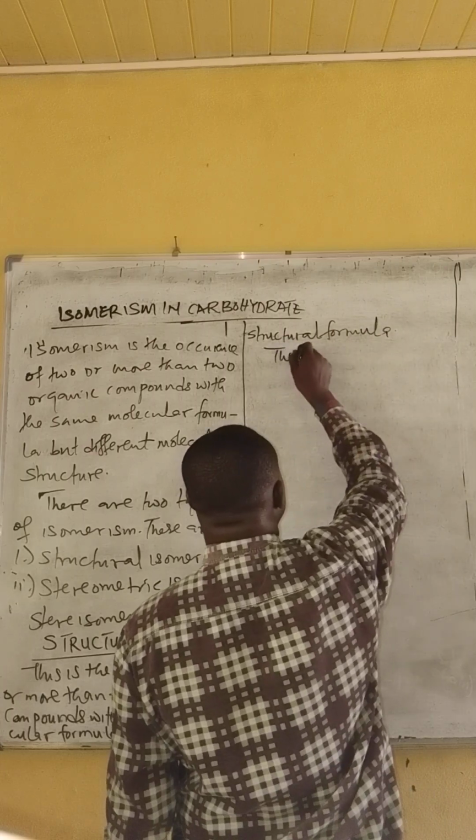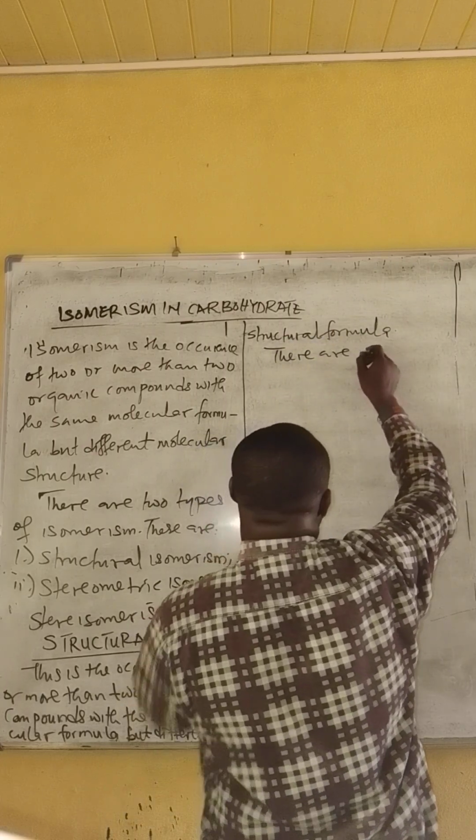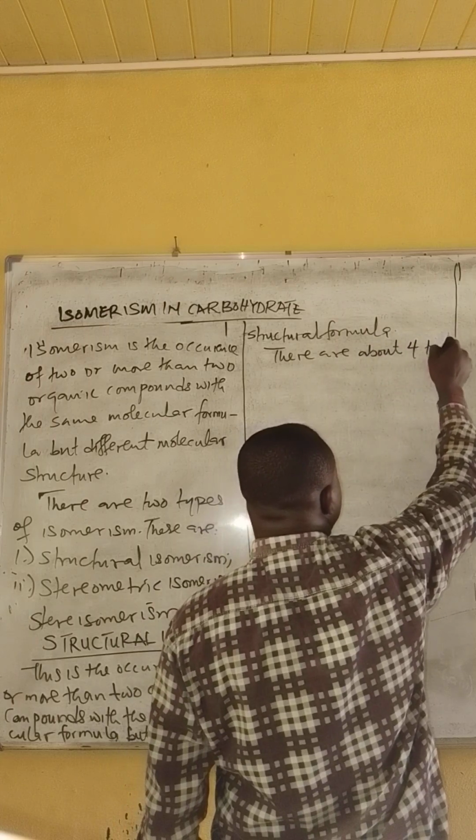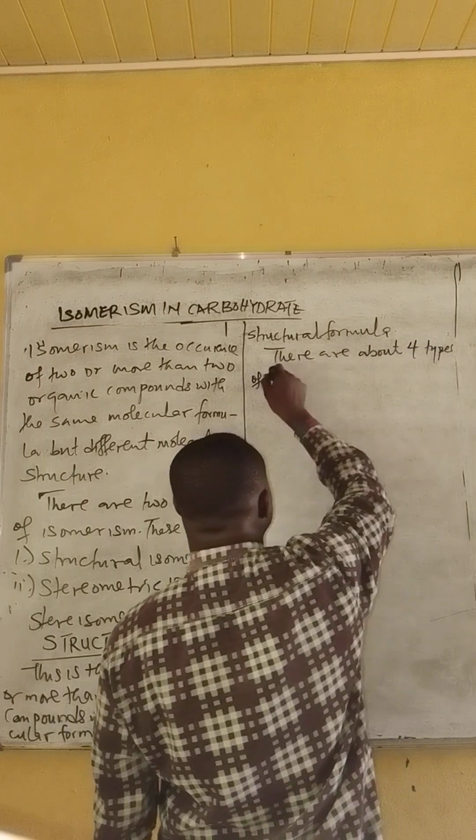Now here there are about four types of structural isomerism.